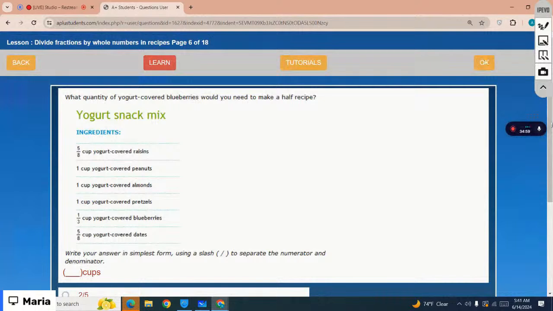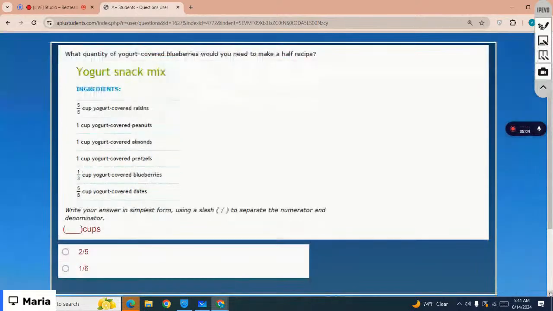So for the half recipe, how much you need? That is 1 over 6. Option number 2 is the correct option. Very good.